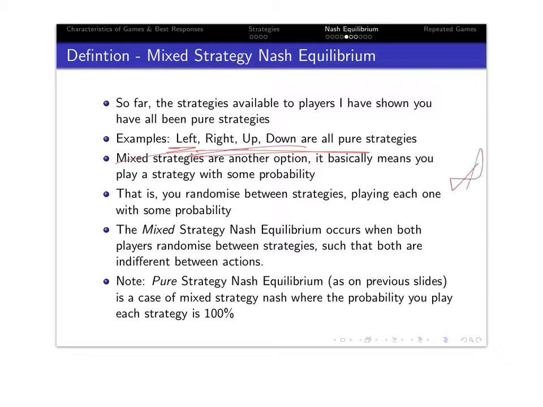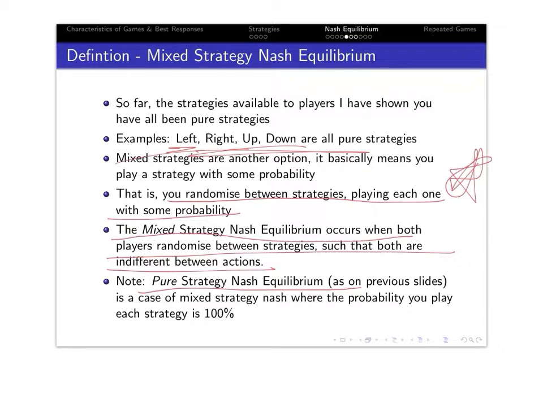It basically means that you play a strategy with some probability. That is, you randomize between strategies, playing each one with some probability. So the mixed strategy Nash equilibrium occurs when both players randomize between strategies such that both are indifferent between actions. Note that a pure strategy Nash equilibrium is a special case of a mixed strategy where the probability you play each strategy is 1, or 100%.